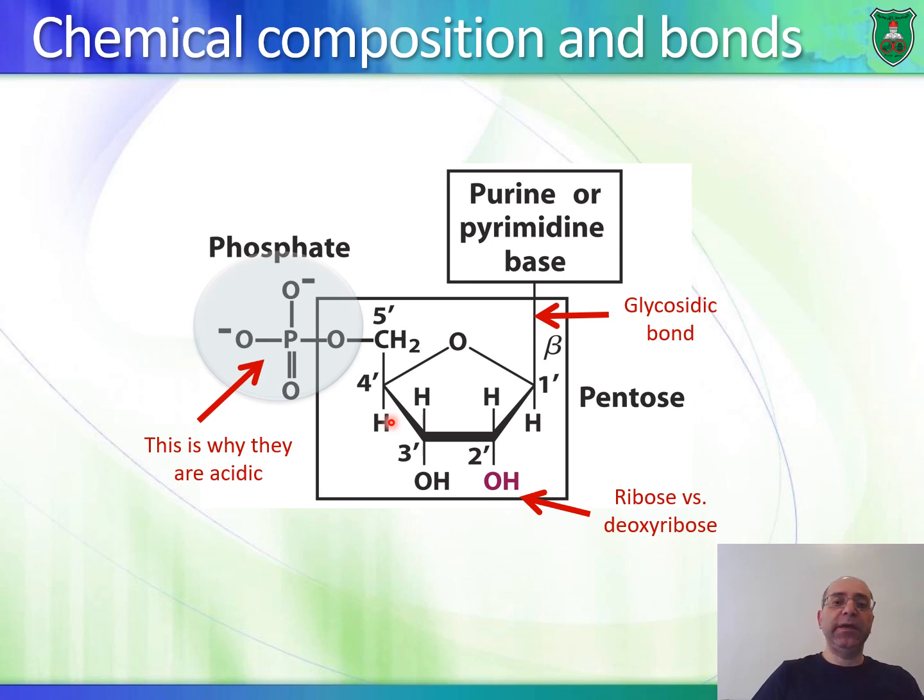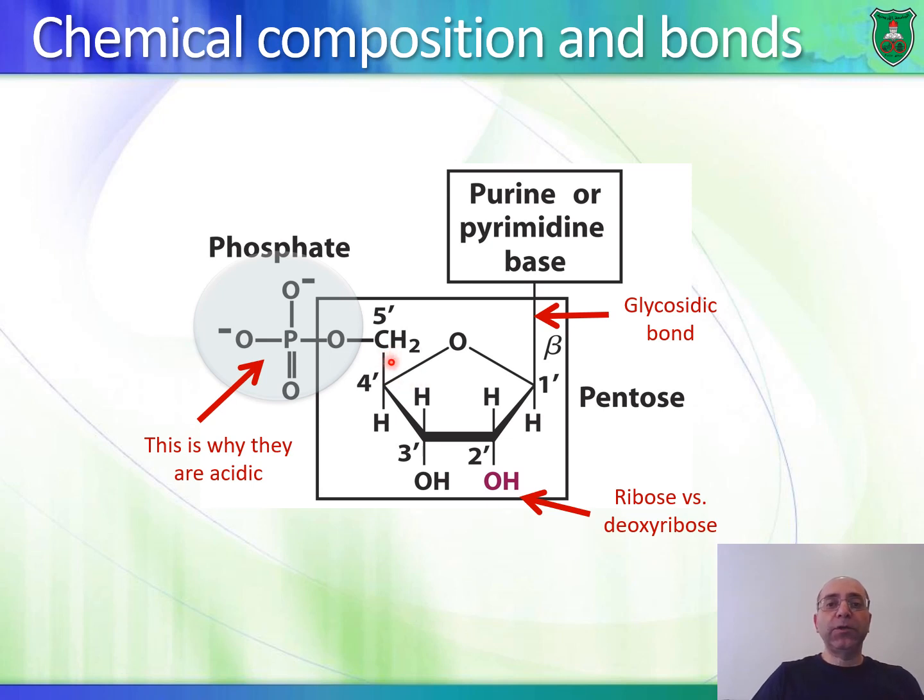If I say, for example, di, it means 2. Mono means 1. Tri means 3, then you have tetra means 4, and then you have penta. So this is a 5-carbon sugar, carbon 1, 2, 3, 4, and that's number 5.